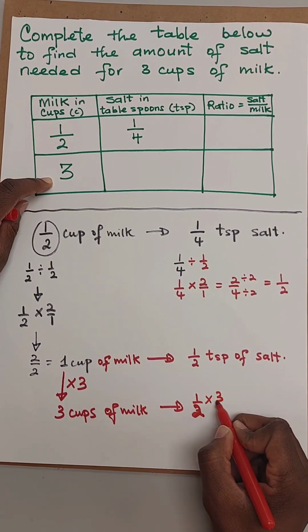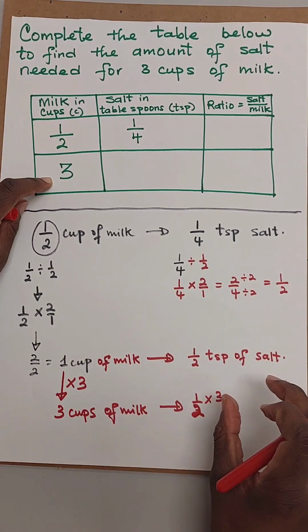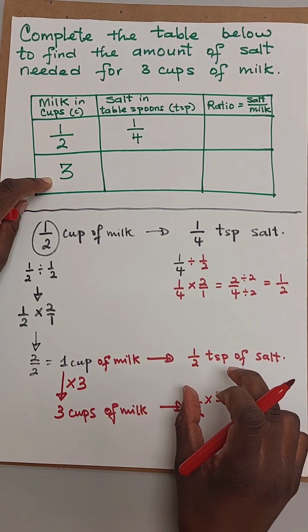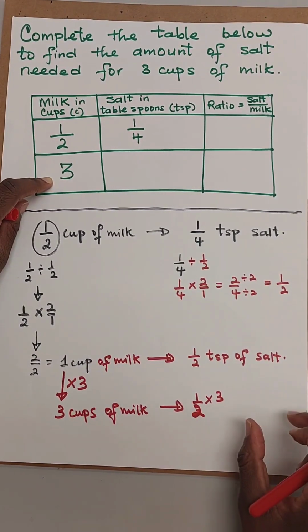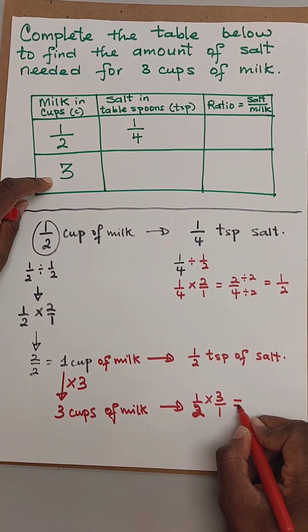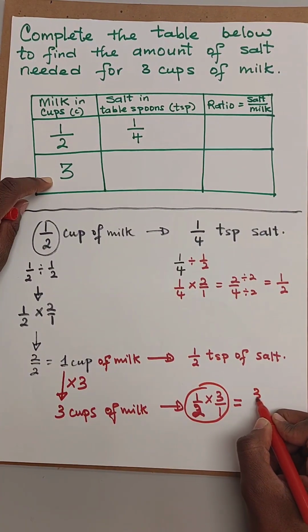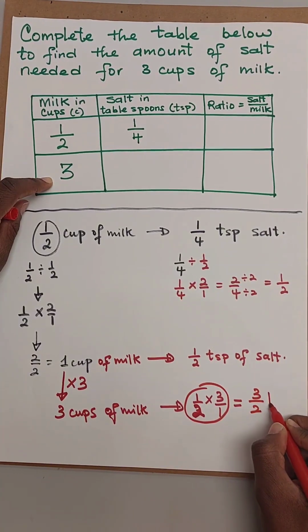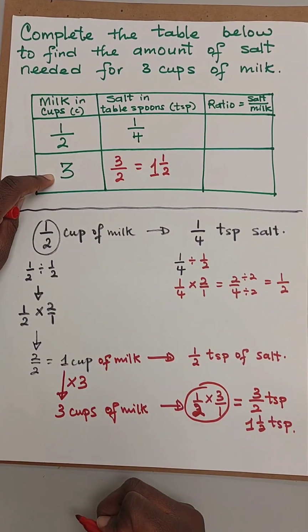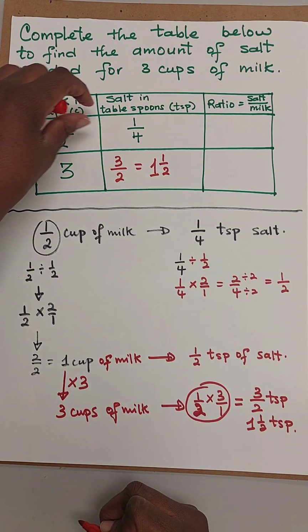Half a tablespoon goes for each cup, so we multiply by 3. Each cup takes half a tablespoon, 3 of them, so times 3/1. And then we get 3/2 tablespoons.